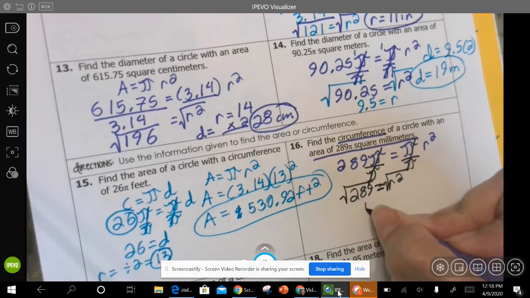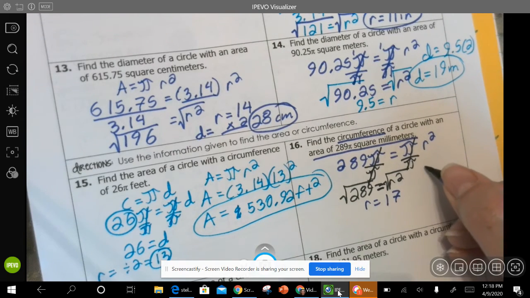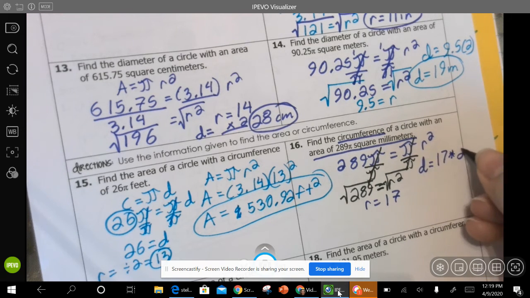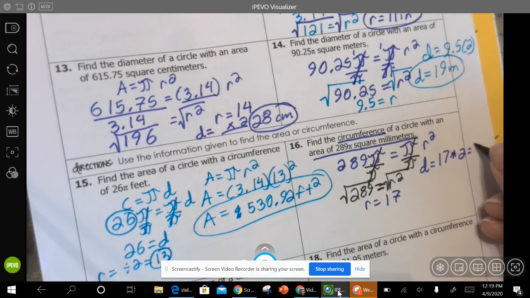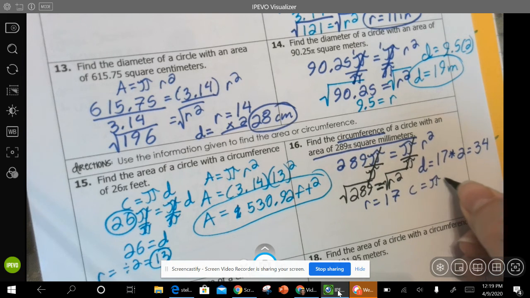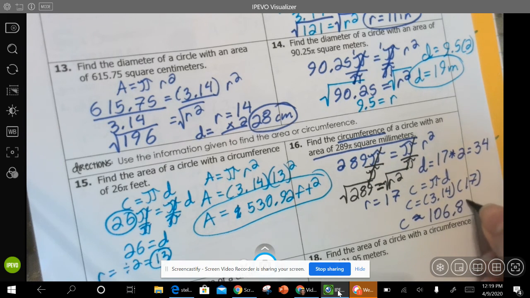We get a radius equal to 17. Diameter is going to be equal to 17 times 2, so that's going to be 34. Now I can find circumference. Remember, circumference is equal to pi times d. So 3.14 times 34. So the circumference is going to be approximately 106.81 millimeters.